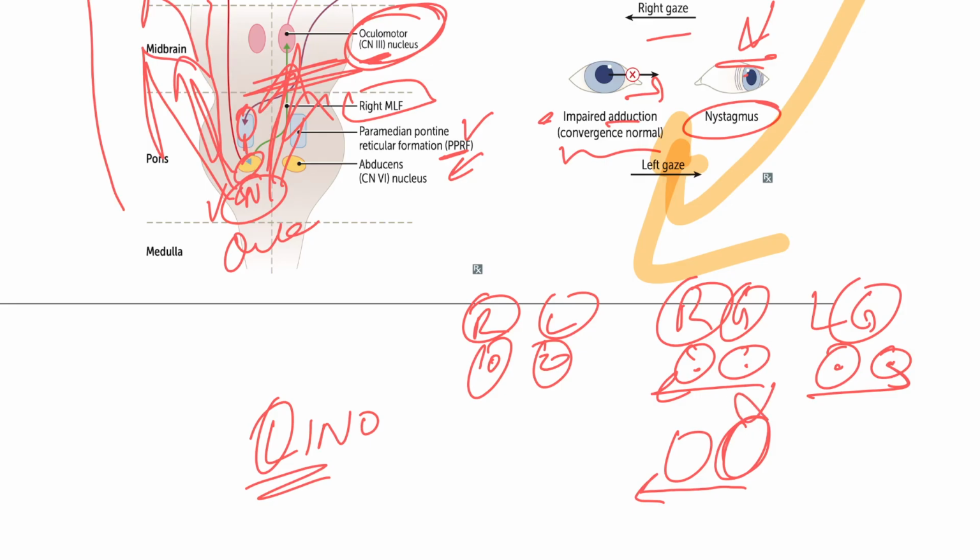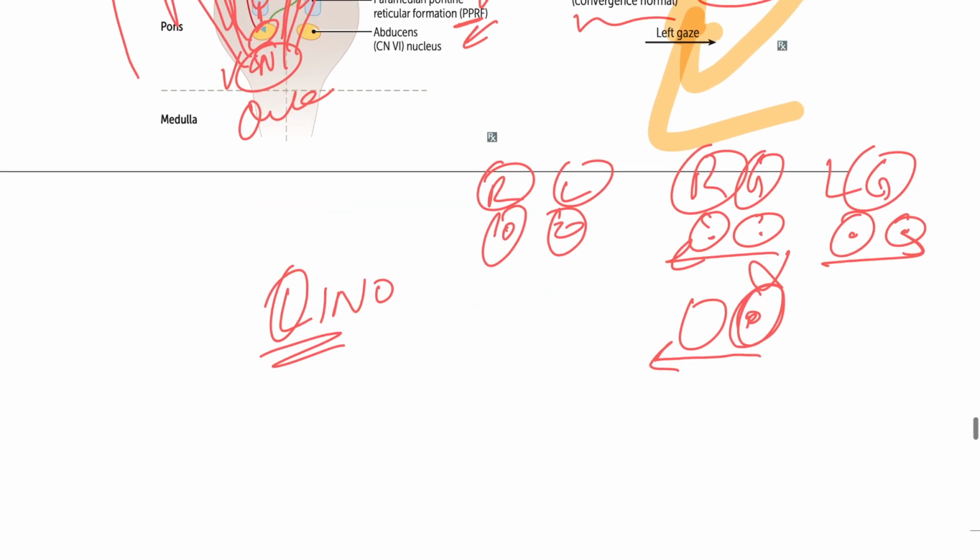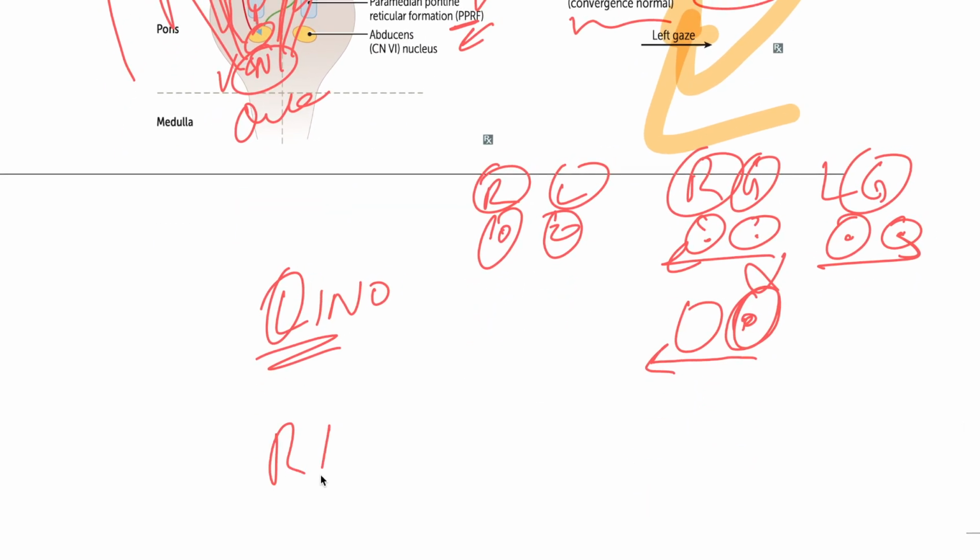Meaning the left eye is affected, so the left eye will not be able to move towards the right side. Wait, let's just focus here, and then I'll talk about the mnemonic. There is another thing called right INO. The right INO, again, is the opposite of this, where you will not be able to have the right gaze in the right eye.